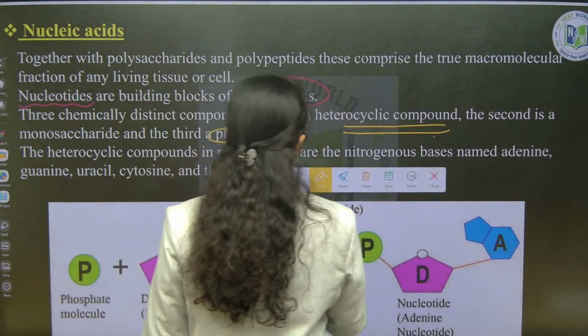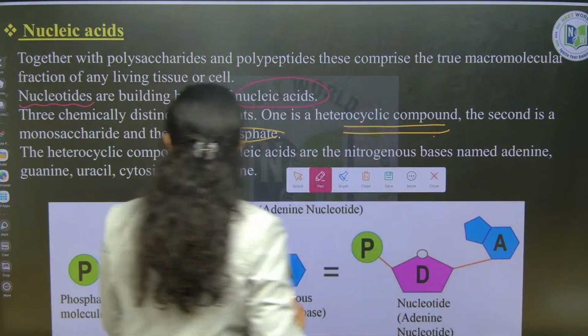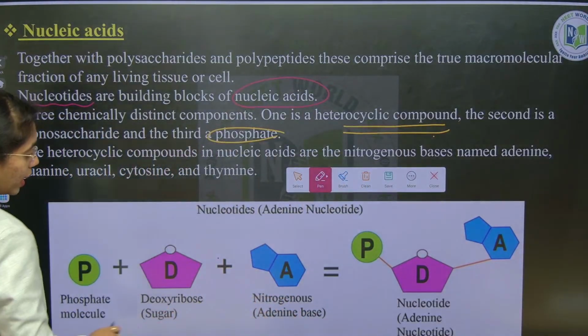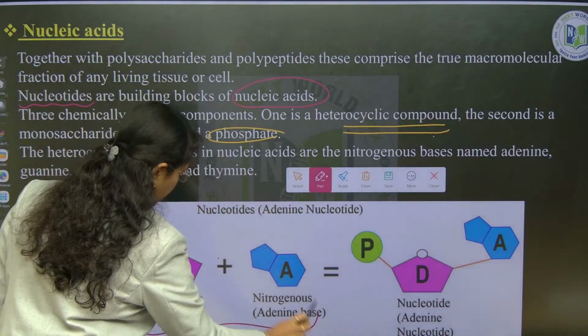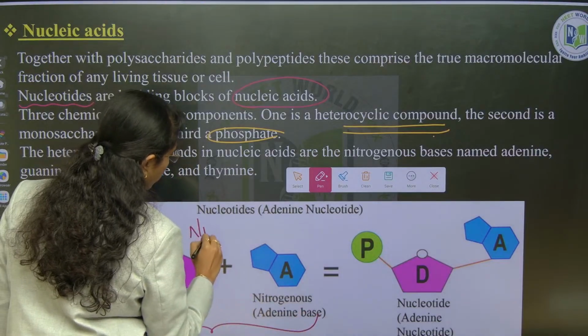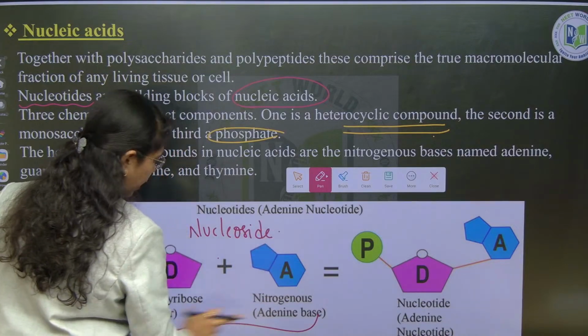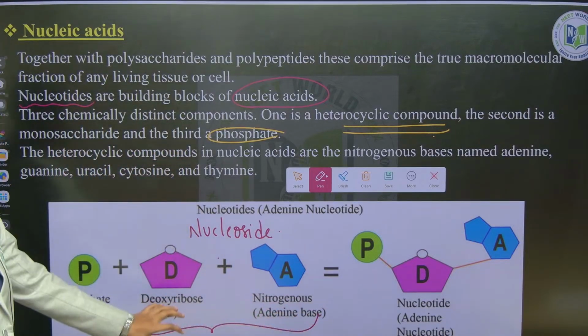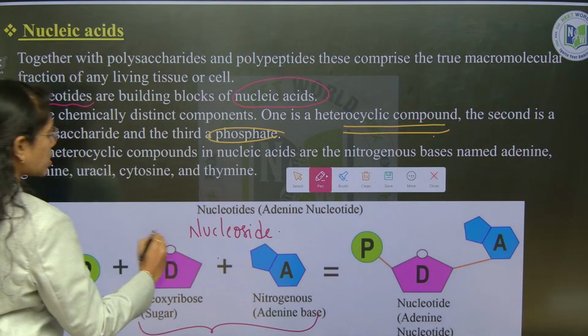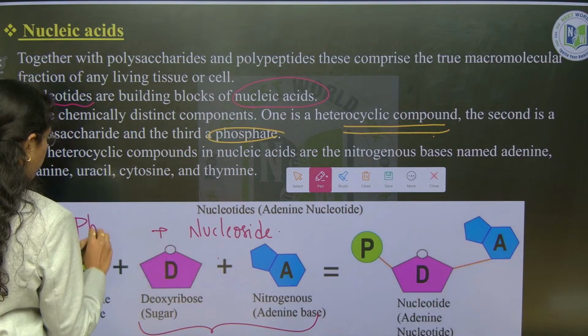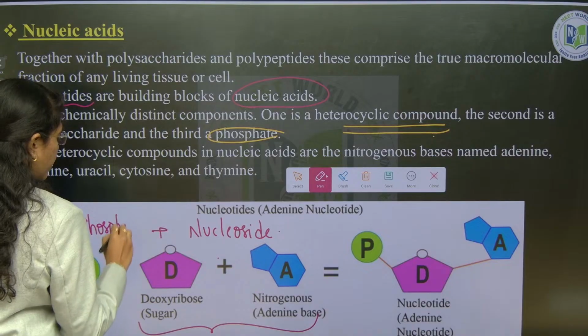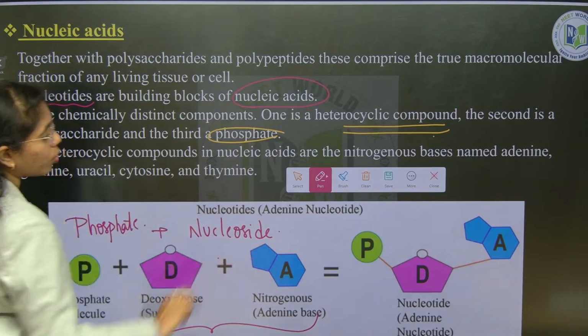Here I can show you the example and tell you. Only sugar and nitrogen base will make a nucleoside. Fine, right? Sugar and nitrogen base will make up a nucleoside. Nucleoside along with a phosphate group will make up a nucleotide.